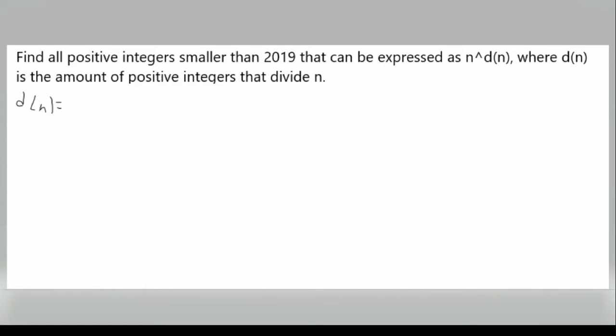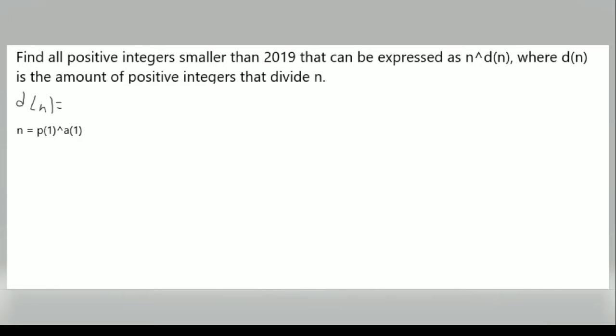This is equal to, well, first let's decompose n. For any number we can factorize it as a prime number to any power, which we don't know, so we're going to call it p1 to the power of a1.